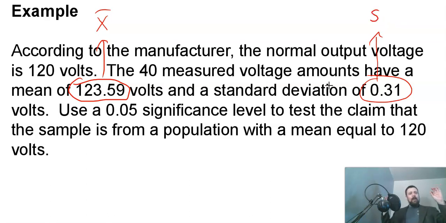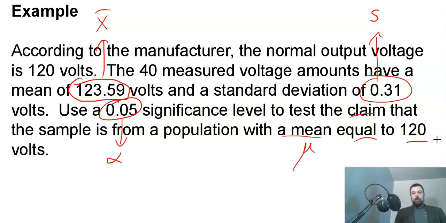So use a 0.05 significance level to test the claim that the sample is from a population with a mean equal to 120 volts. So 0.05, that's alpha. And then we're given this claim that the mean, that's mu, is equal to 120.